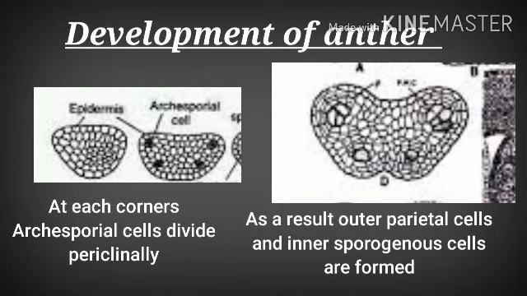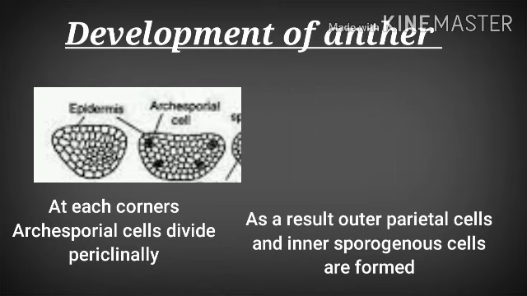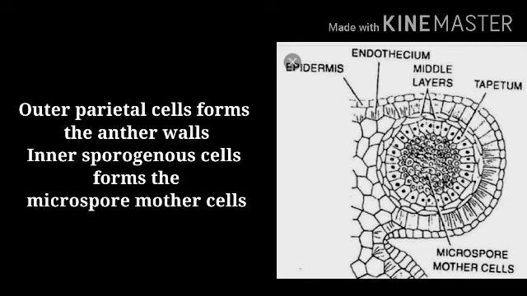The parietal cells formed towards the outside later transform into the walls of the anther, that is the epidermis, endothecium, middle layer and tapetum, and the inner sporogenous cells later transform into microspore mother cells. They are the sporogenous cells, which are called microspore mother cells or pollen mother cells. So in this way the anther walls and microspore mother cells are getting differentiated.